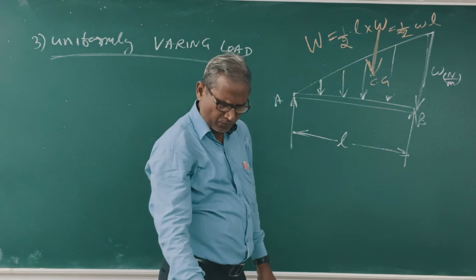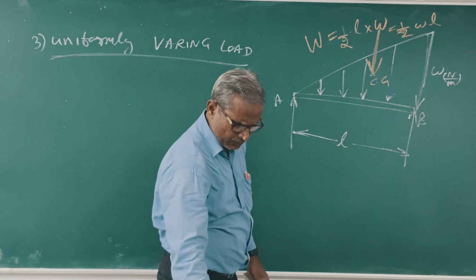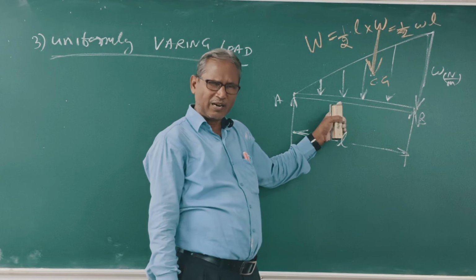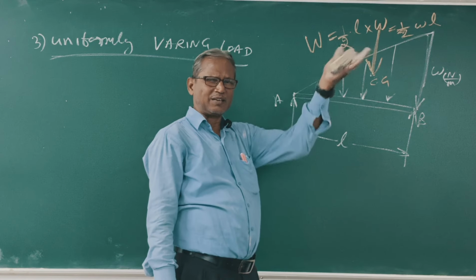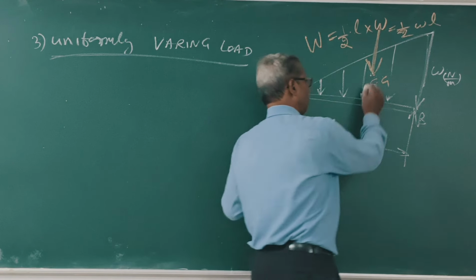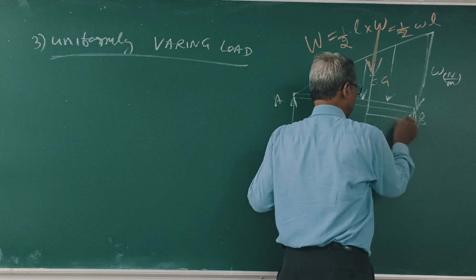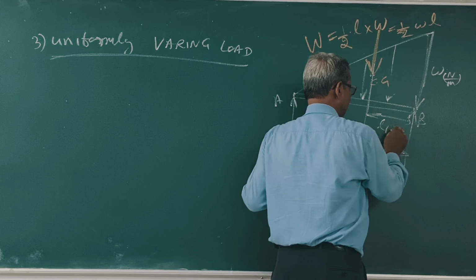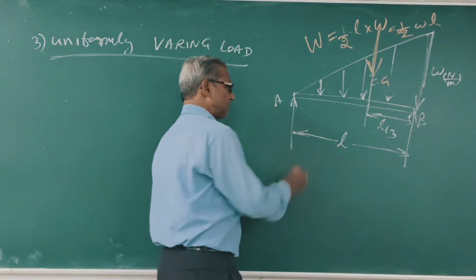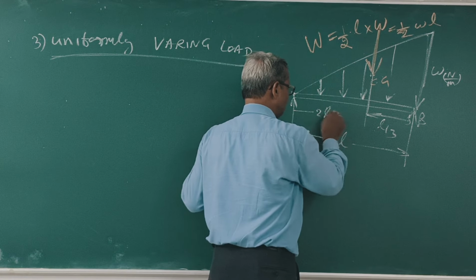What is CG? I will explain in detail the CG of the triangle and rectangle in the center of gravity chapter. I'll give just a formula. This is L by 3 from the base, H by 3 from the base. This is 2H by 3 from the vertex.